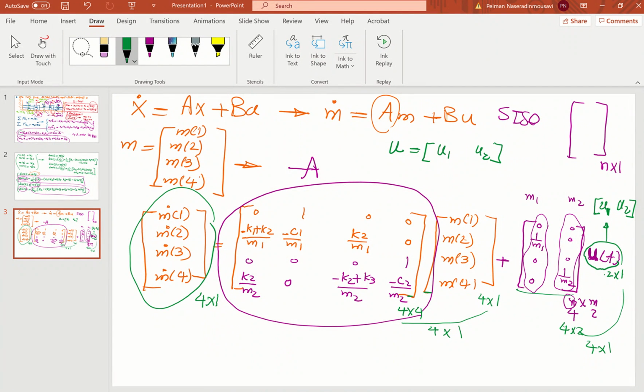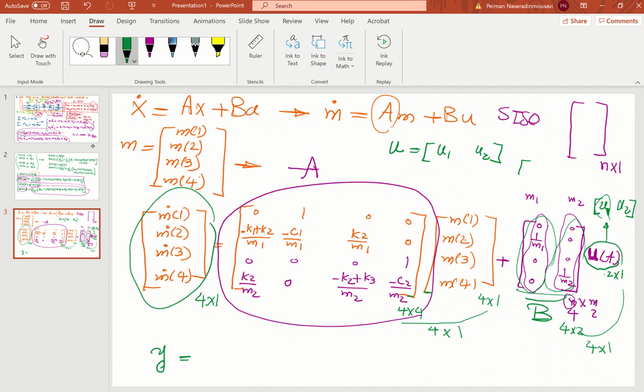So u1 gonna be multiplied by this column, u2 gonna be multiplied by this column. So this is your B matrix. B matrix. Understand?